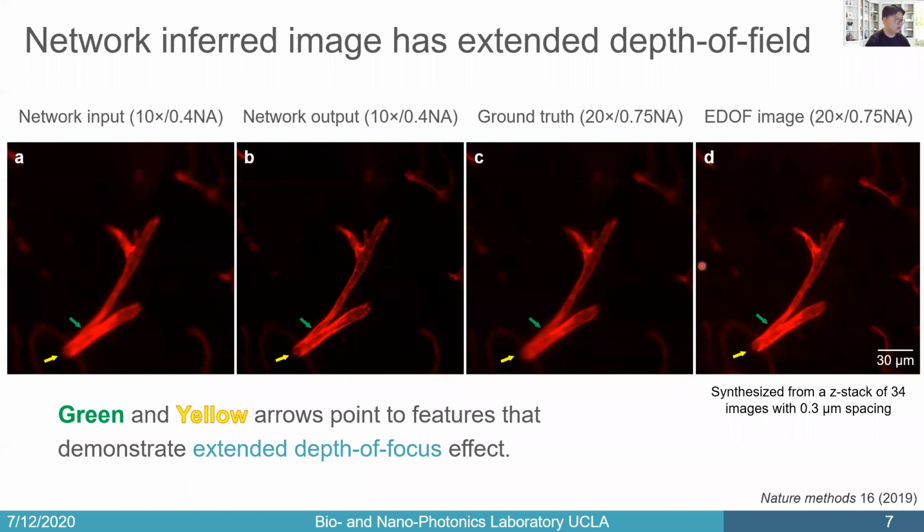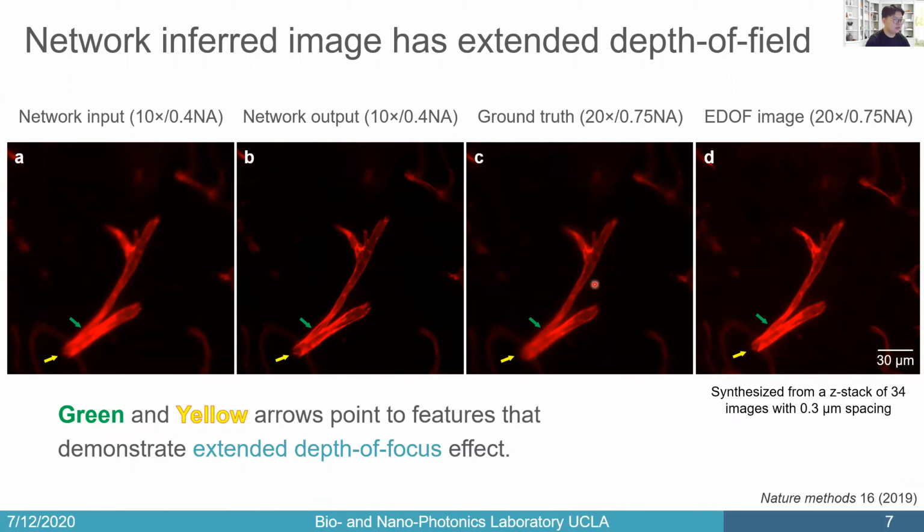In addition to resolution improvement, there's an additional advantage of using a low NA lens. That's the extended depth of field. If you look here, this is a blood vessel in the mouse brain. It's a 3D structure that's growing out of the plane.